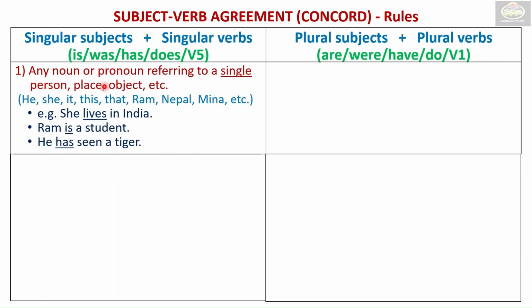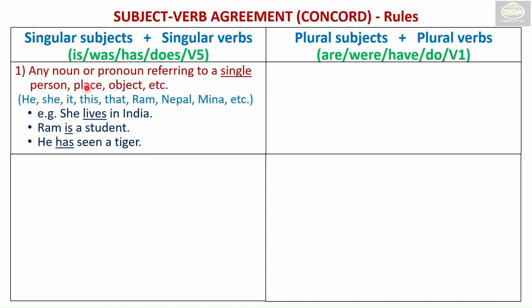Any noun or pronoun referring to a single person, place, object, etc. These are singular subjects, and we have to use singular verbs with these subjects. We have to use is, was, has, does, V5 according to the situation.